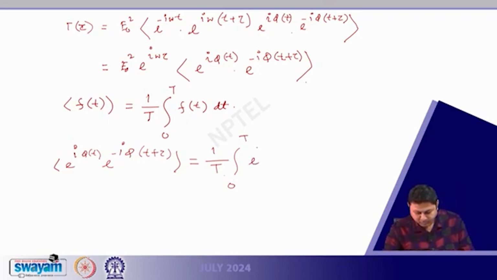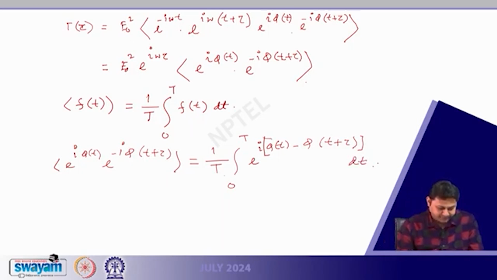So it is the integral of e to the power of i, phi t minus phi t plus tau, dt.